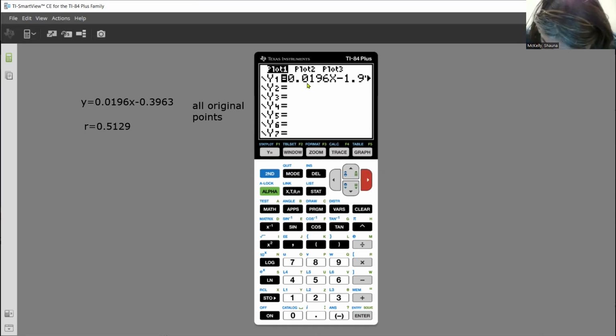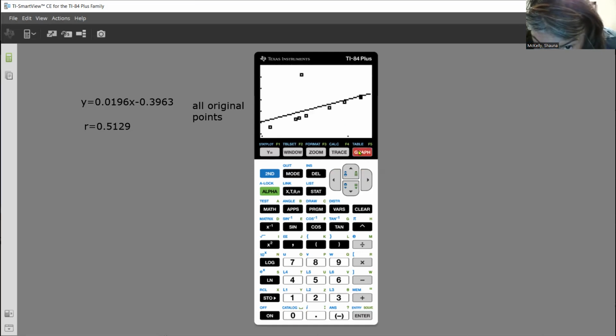Oh, I have the wrong, hold on. I have the wrong line here. I forgot to change this. 0.3963. Let's graph that. There's my data. Okay, so that's your curve. All right, so this is all original points.